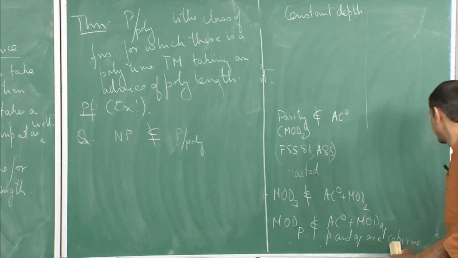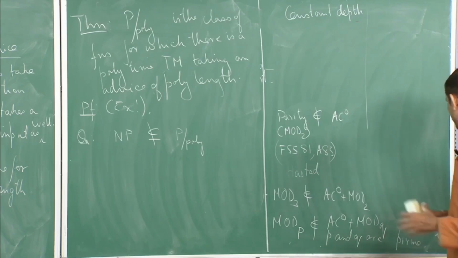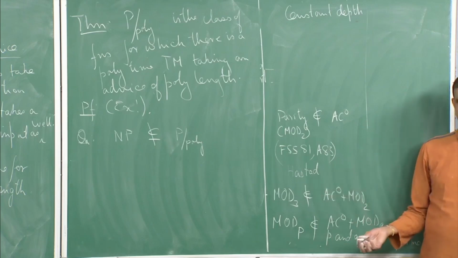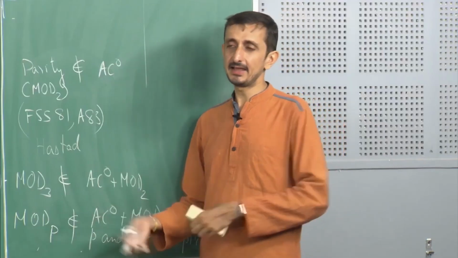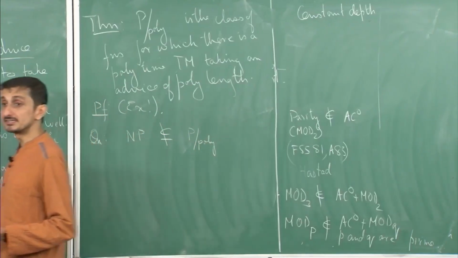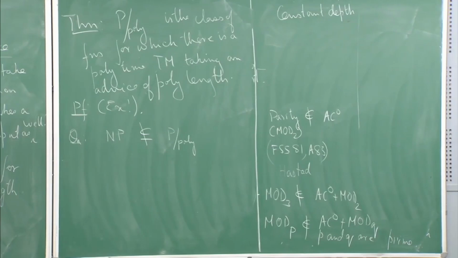Let me just say it for co-prime where P and Q are primes. Now, the next question was what if I give both mod 2 and mod 3 gates, that is, I have mod 6 gates present in my circuit. What kind of functions can it not compute?